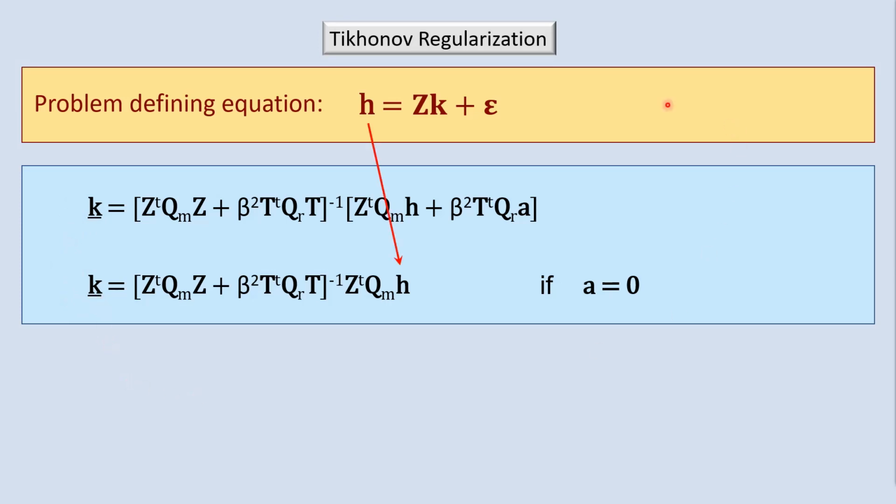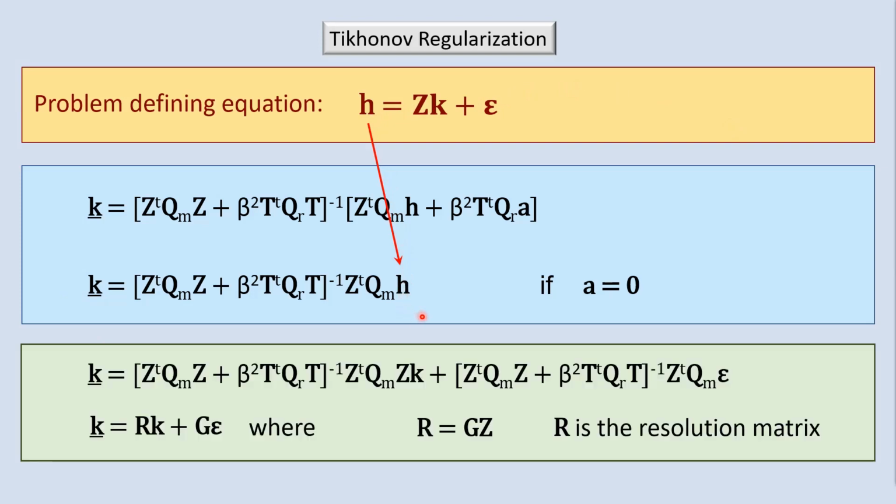Let's now substitute this equation into this equation for H. And through very basic matrix manipulation, we obtain this equation for K underscore, which we can express as K underscore equals RK plus G epsilon, where R equals GZ. This is the resolution matrix.